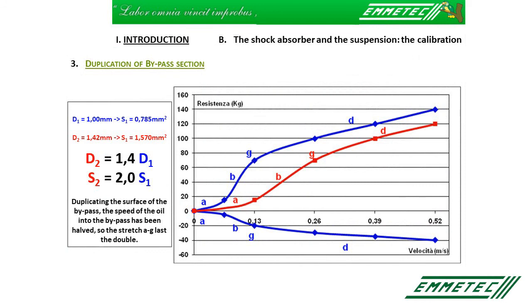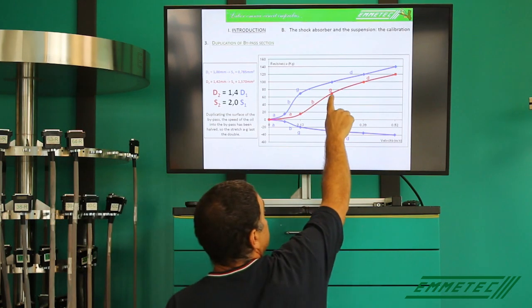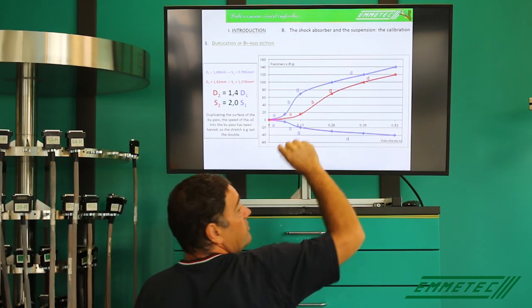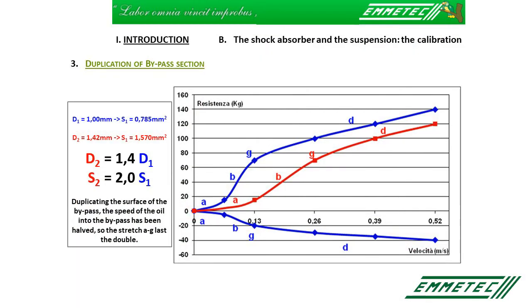It means that at low speeds, we have a shock absorber that is 3-4 times softer than the original. At medium speeds, the ratio changes and decreases. And then going to high speeds, the difference gets smaller and smaller.